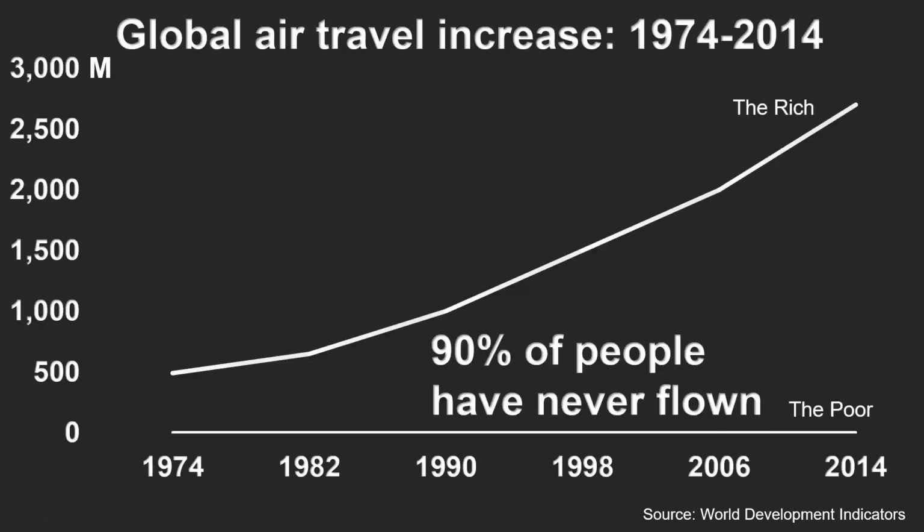Rich people, 90% of people have never taken a flight. And here's another core thing. The drivers of these issues are not primarily population. They are the rich set. They are basically the top 10%, which is the middle class of Europe and North America, and of course the super rich in the process.